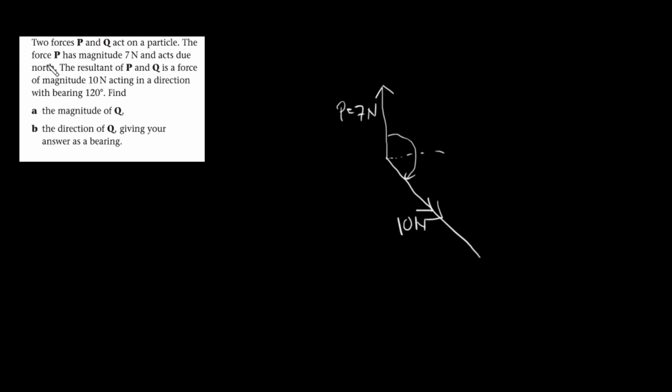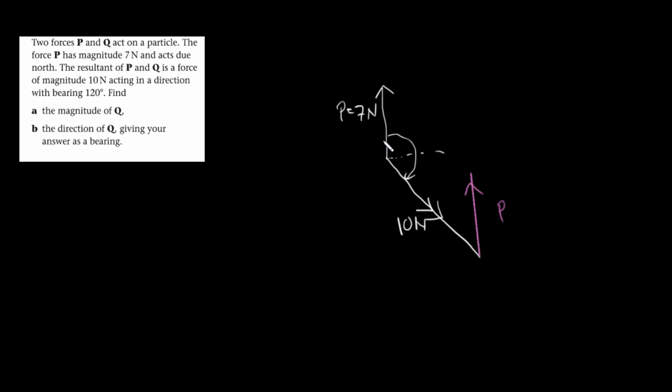So if we draw parallel angles, what's going to happen is we take this 7 Newton force, lift it, and put it over here. So this is P. Now we know this is the diagonal, because this is where the resultant force goes.